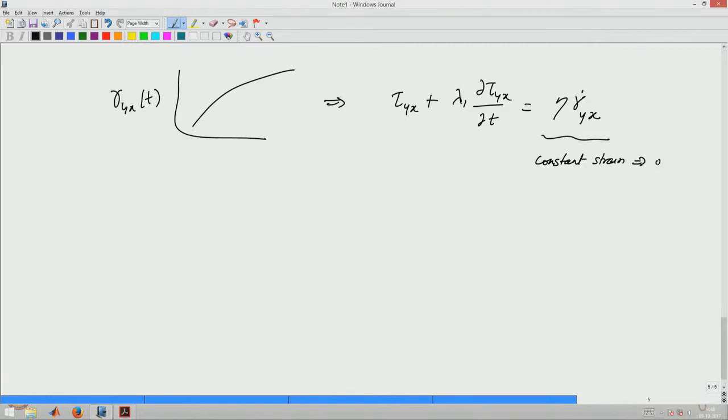But if you do not have constant strain, which is this complicated function, then this right hand side is a function of time. Therefore, the solution also will be a function of time, and for a simple material like the Maxwell model, you can see that the complexity of response increases as soon as your input is also a more complicated function of time.